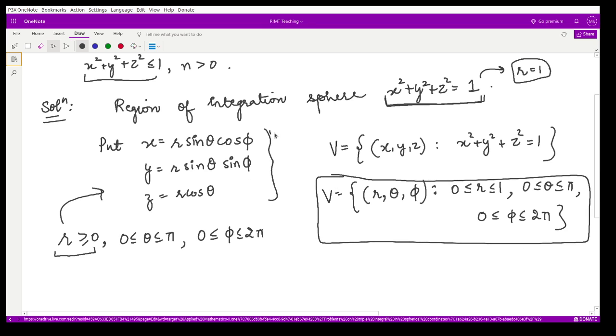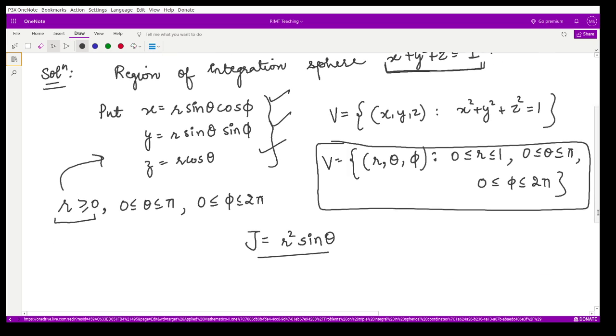You now have the relationship between the spherical and Cartesian coordinates, and you also know the value of the Jacobian, which is r² sin θ in this case.